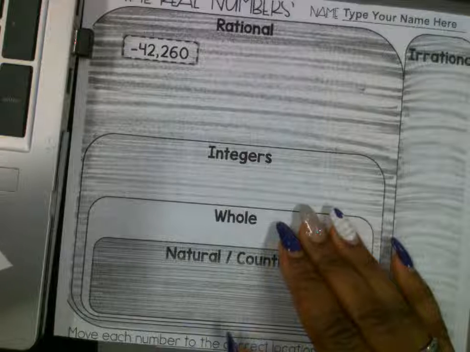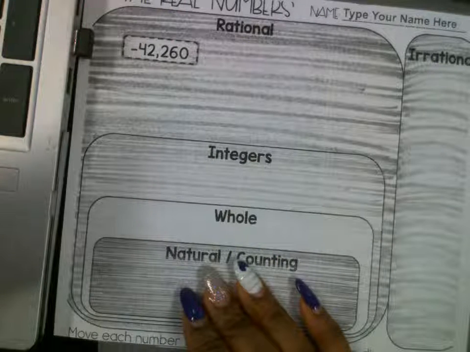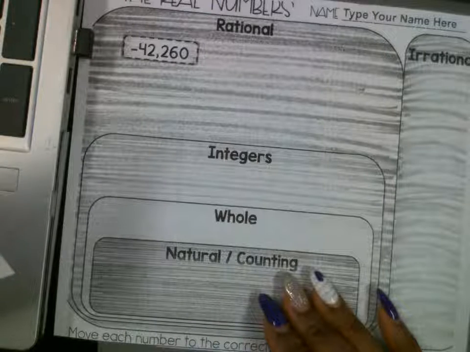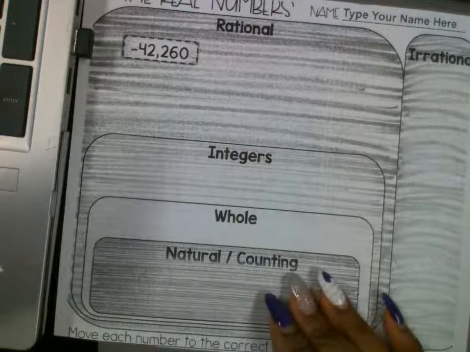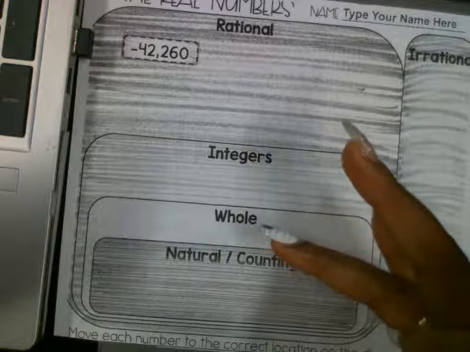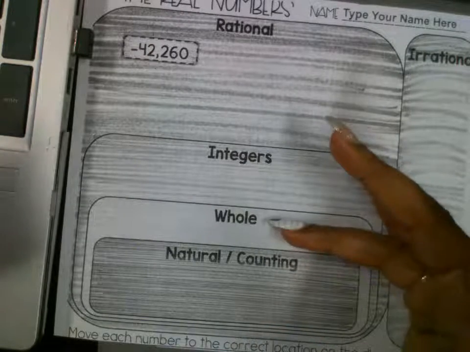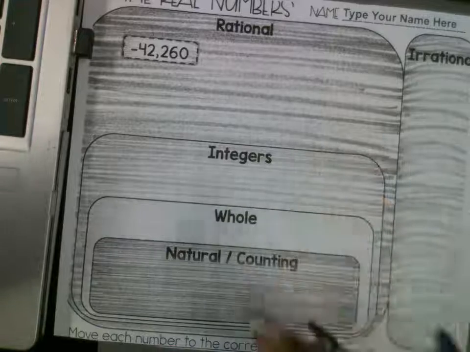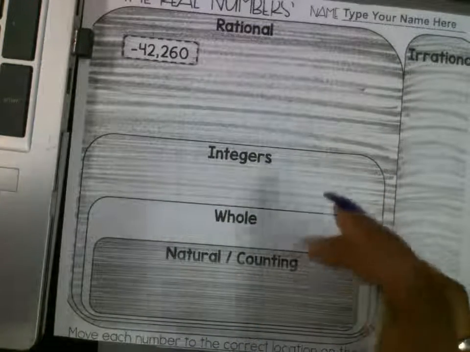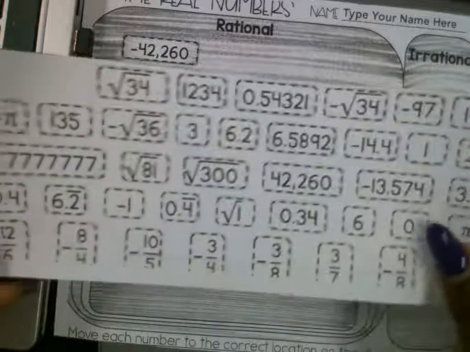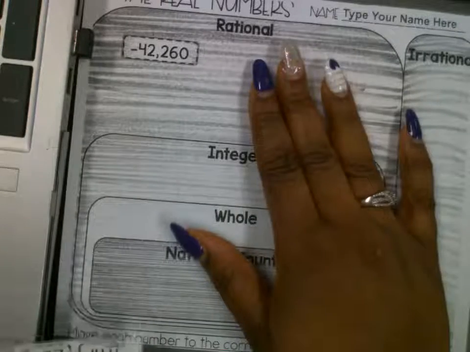Natural numbers, again, are not negative. They do not have decimals or fractions attached to them. The difference between a whole number and a natural number is that whole numbers start at zero. Natural numbers start at one. That's the only difference. Okay, so go ahead, cut these out and put them where you think they belong.